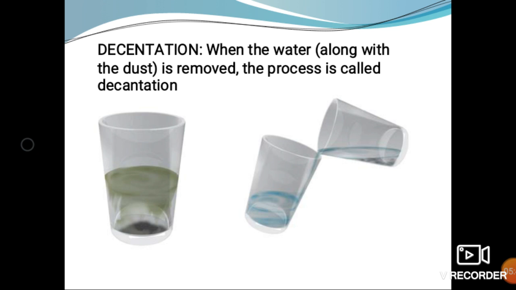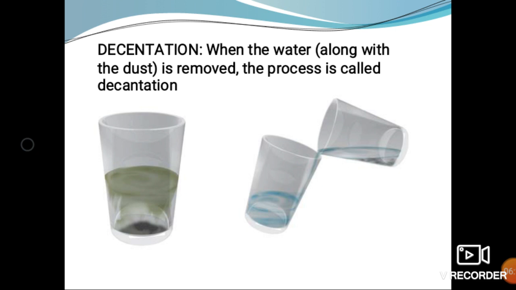Decantation. When the water along with the dust is removed, the process is called decantation. In the first slide, we saw sedimentation. We know about sedimentation, and now decantation. The picture here is the same. The first picture is about sedimentation. The heavier components are falling to the bottom of the cup, and the lighter components are floating on top of the water.